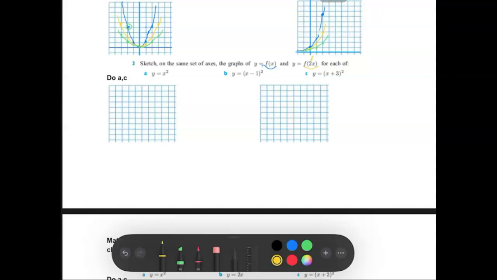Okay, so let's draw first y equals x squared. One, two, three, 4, 5, 6, 7, 8, 9.